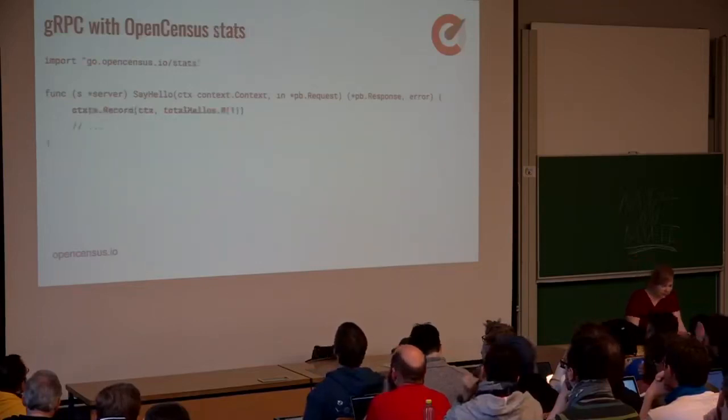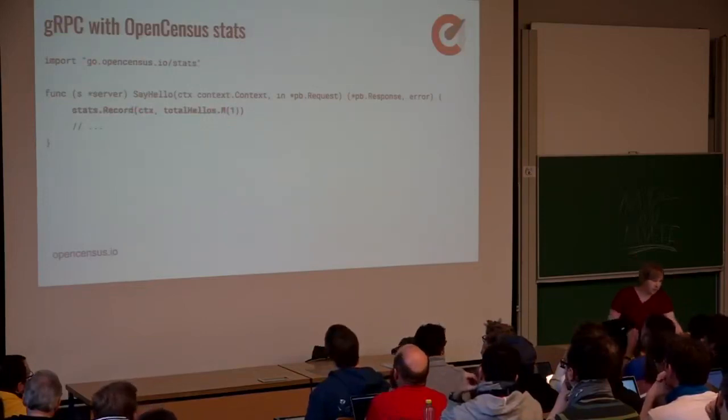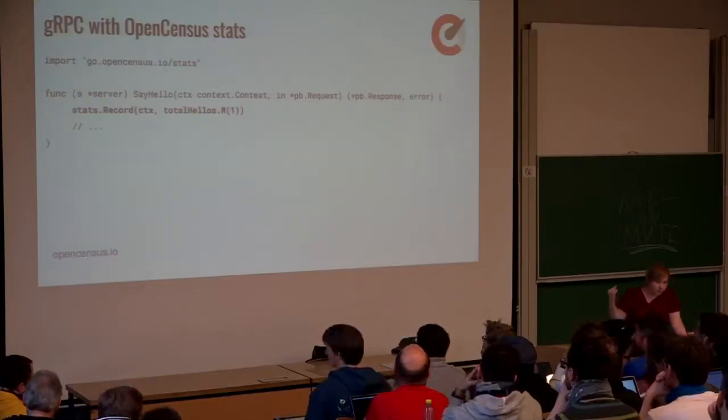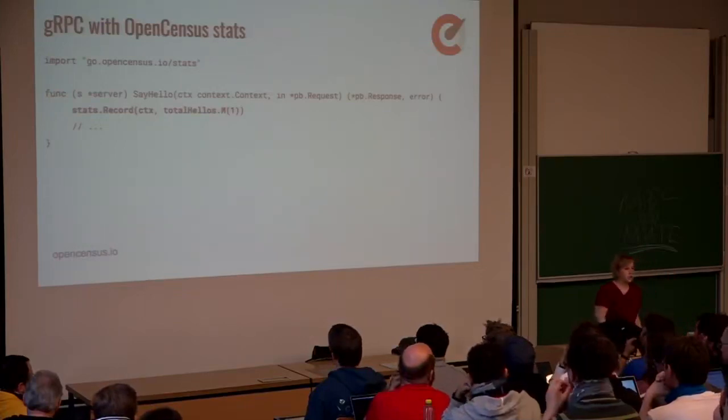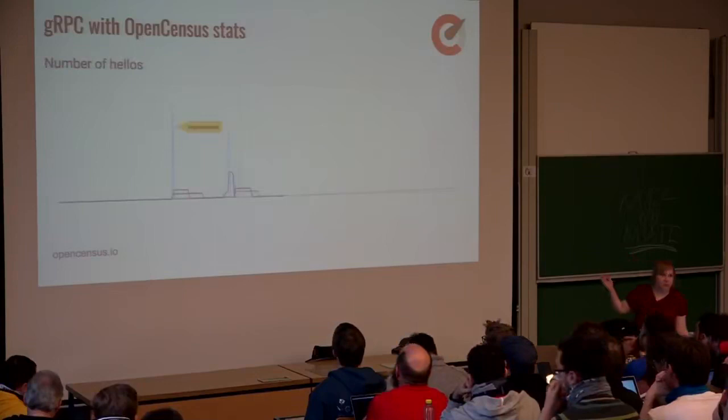This is how to record values. I have a measure total hello that represents the number of times we said hello. Stats record will say 1 with the tags in the current incoming context. So you will be able to tell the number of hellos for the requests originated at whatever service or by a specific user. Then, this is how it looks in your dashboard.